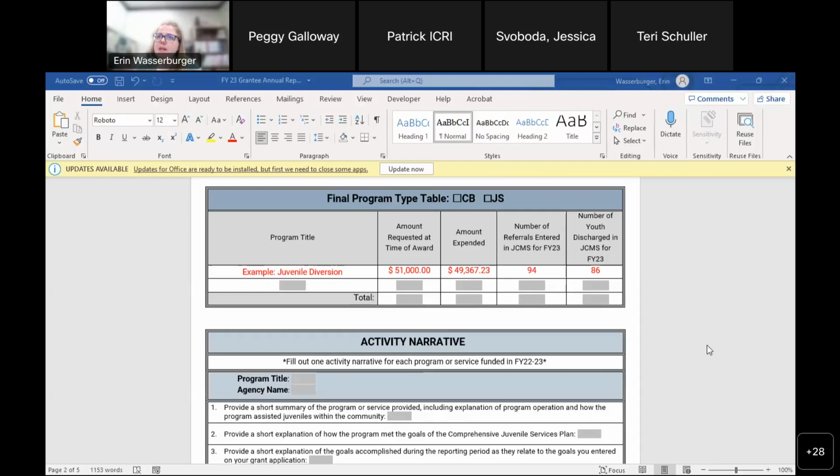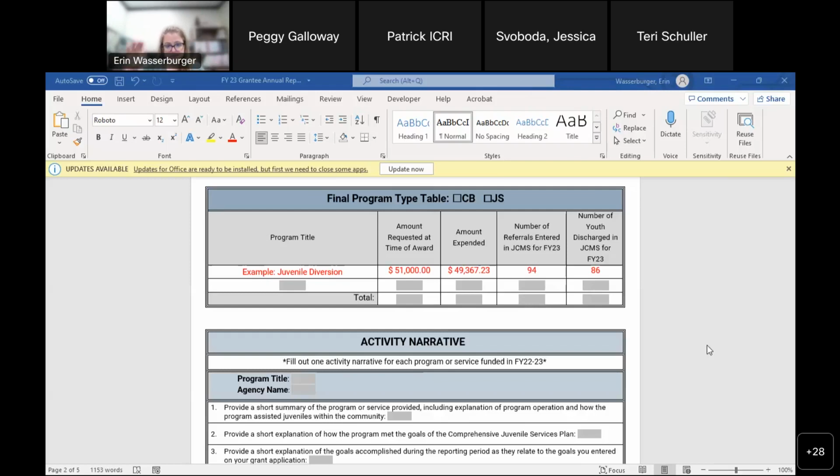One thing that came up last year, there are some agencies that receive funding in multiple counties. You do need to complete one for each county you receive funding in. And there are also a handful of agencies where the agency receives the JS grant, but they also receive CBA dollars through the county.